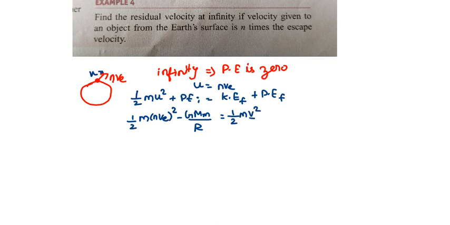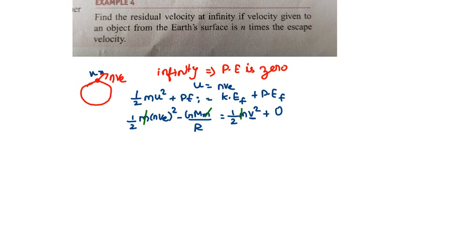From this we need to find v. The final potential energy at infinity is 0. In all the terms the small m is present, so I can simply cancel it out.